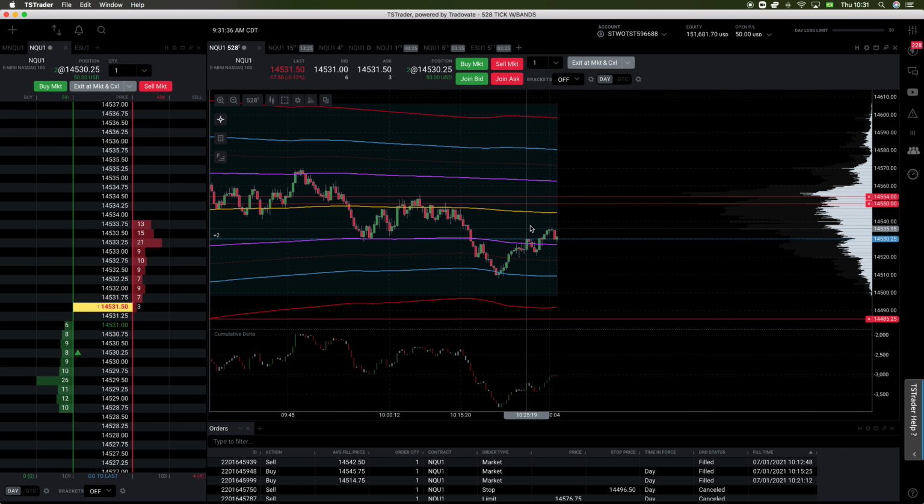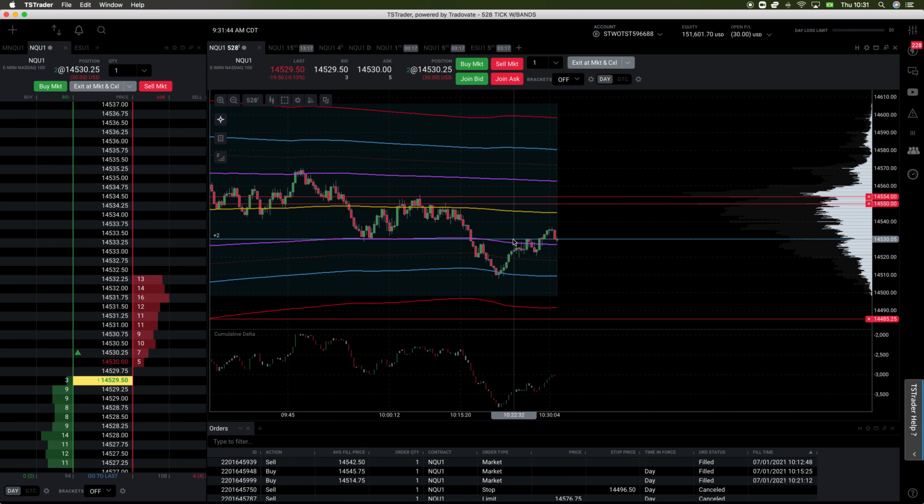So we went up, we broke it, came back down to test the 30 level. Hopefully we continue a move off of the 30 level. Yeah, but I don't know.